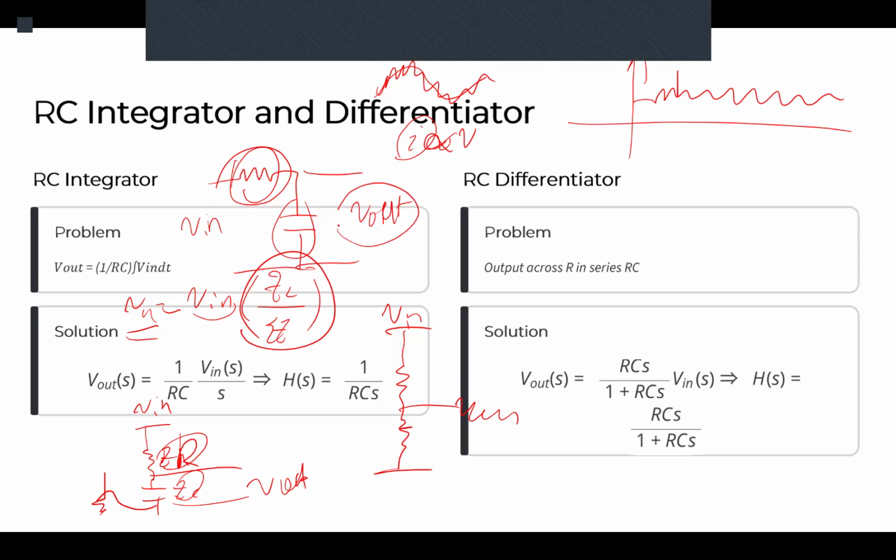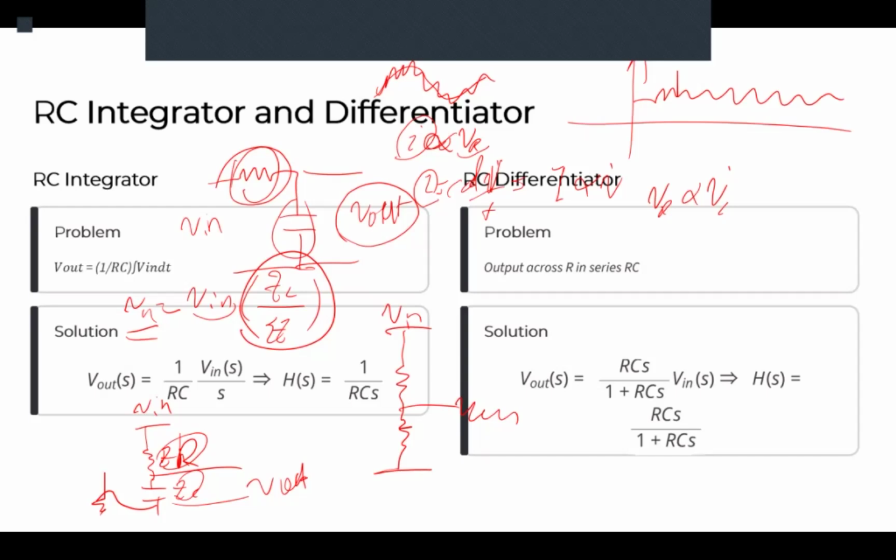What about the capacitor? Current is C dV over dt, correct? So the current here is proportional to V dot. Are we good? So VR is proportional to VC dot.